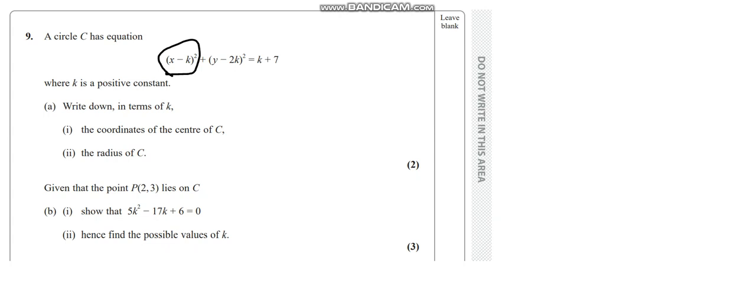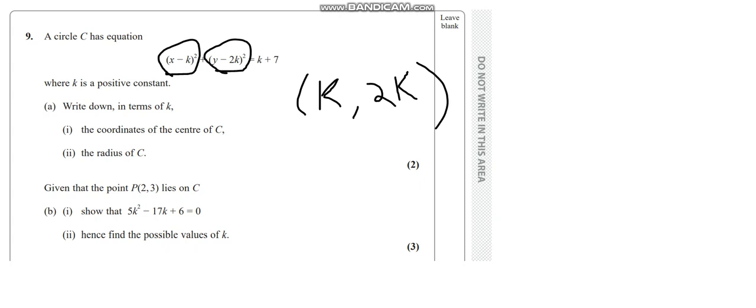With x minus k, that will be k, and with y minus 2k, that will be 2k. So our coordinates will be k and 2k. There you go. These are the coordinates for the center of C, and our first part has been done.